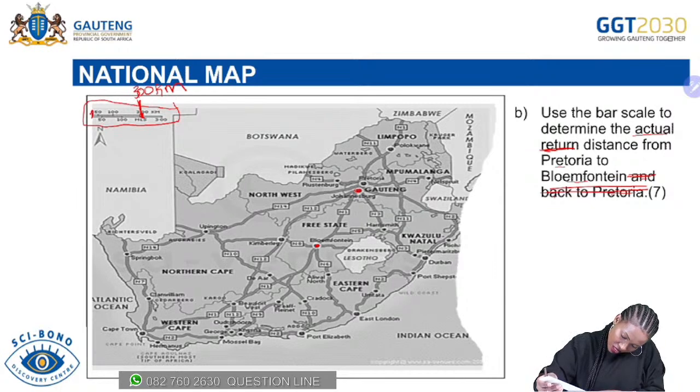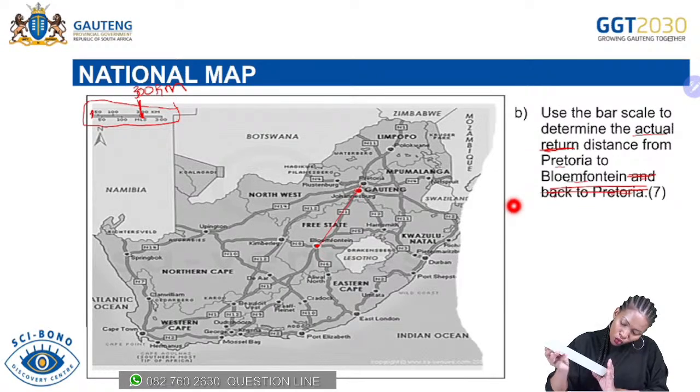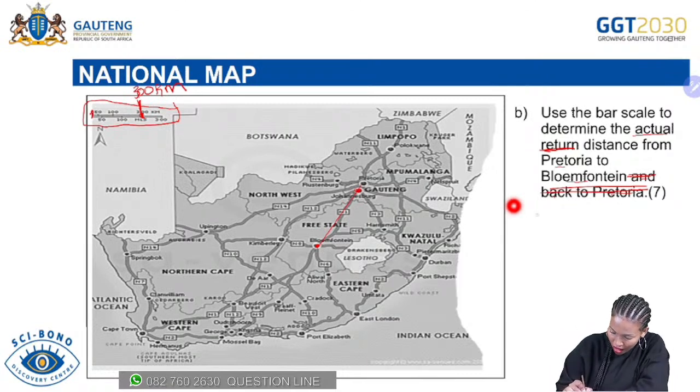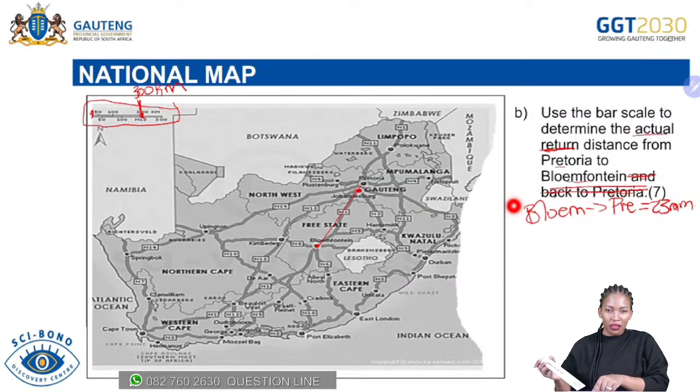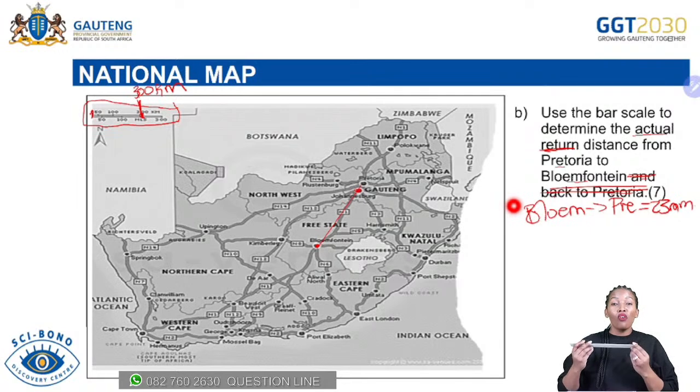So I'm going to draw a straight line between these two cities. I've drawn a straight line and I'm taking measurements. I've got 1, 2, 3. I've got 23 millimeters from Bloem to Pretoria. And now I'm going to measure my bar scale. Because I used millimeters, for the bar scale, I'm also going to use the millimeters.